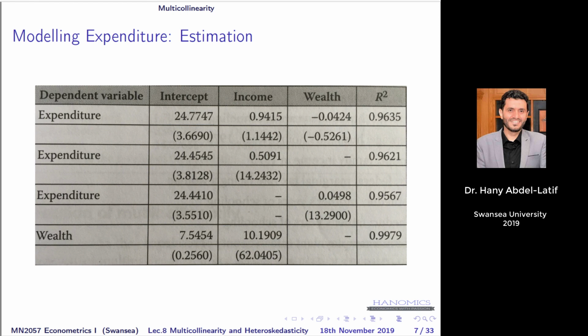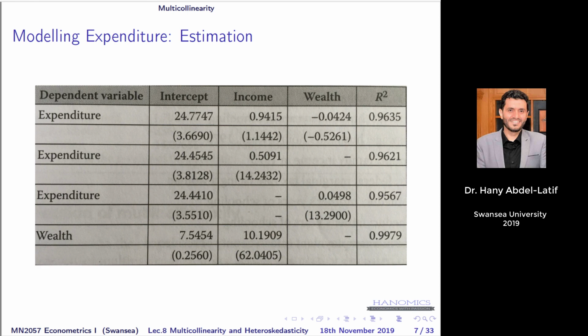But looking at R squared first, R squared is very high, 0.96. That means these two variables, or my model, should explain much of the variation of expenditures. However, when you look at the individual coefficients, you find that they are statistically insignificant.